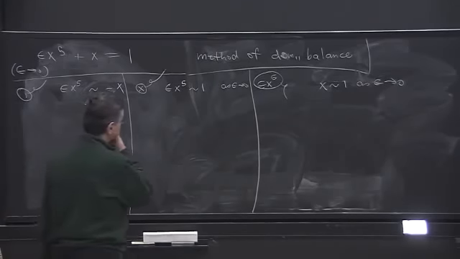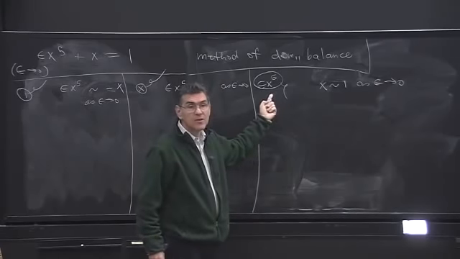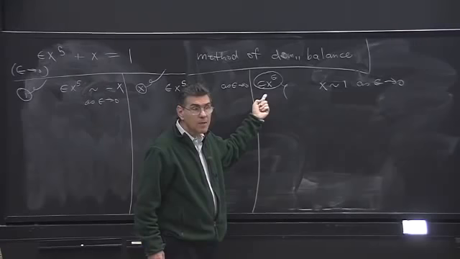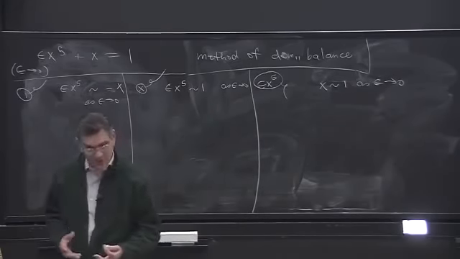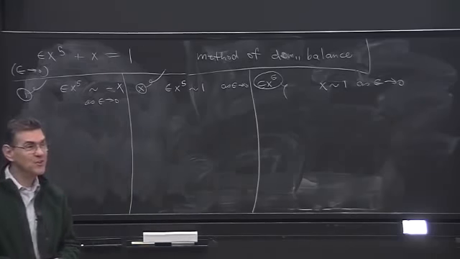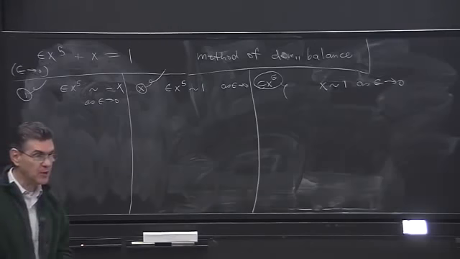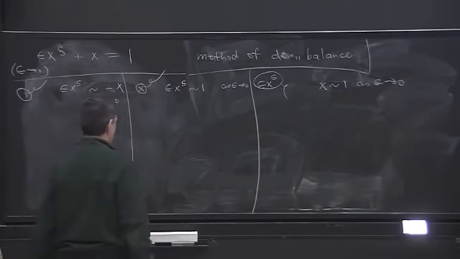Let's see. What about this one? Is this a correct statement? Well, asymptotics is self-referential. Do you like self-referential statements? It's very hard to prove things with asymptotics, but it's very easy to verify things.